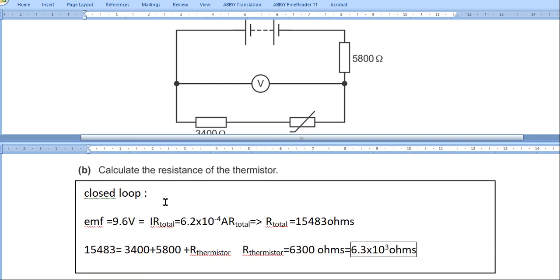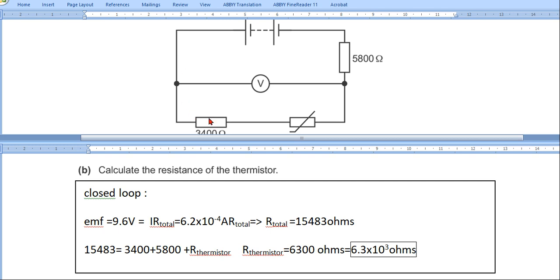Another closed loop, 9.6. Calculate the resistance of the thermistor. Another closed loop, 9.6 equals I R total.